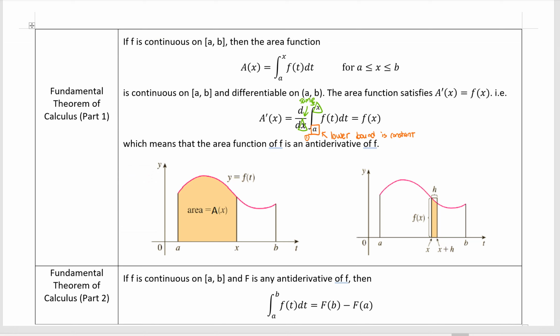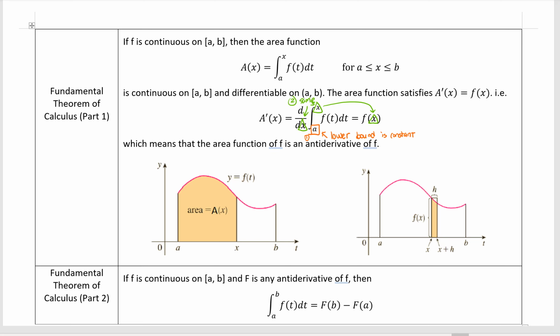Once it satisfies those two conditions, then the derivative and the antiderivative cancel out. You just plug in the upper limit into the f. Which means the area function of f is an antiderivative of f.